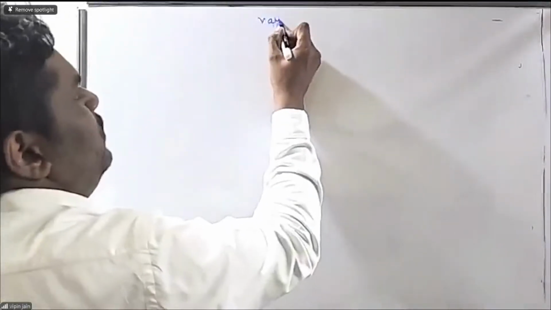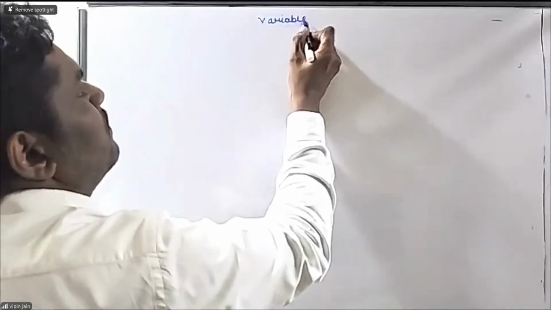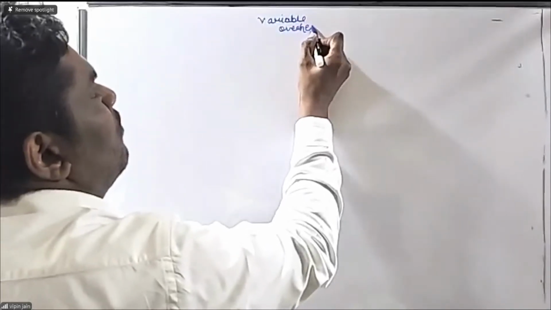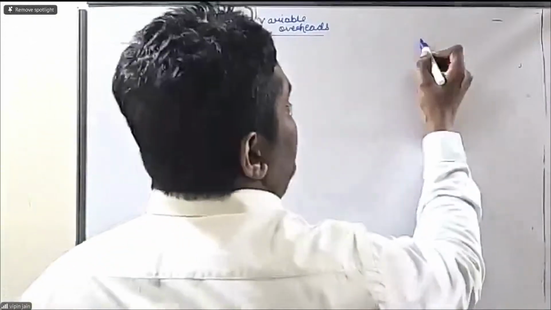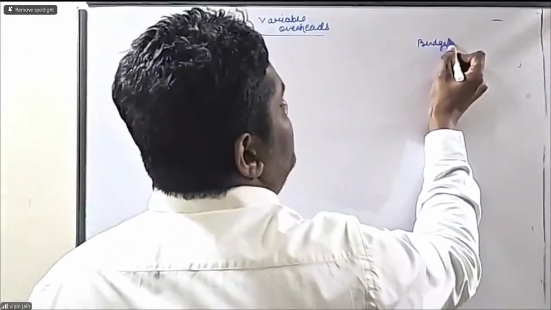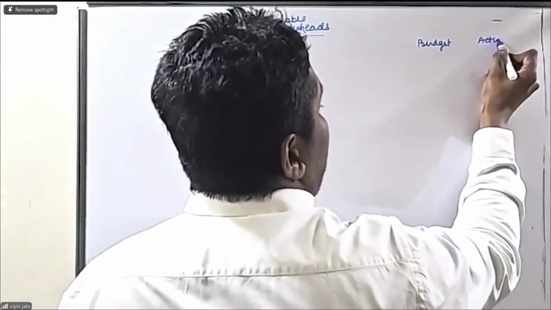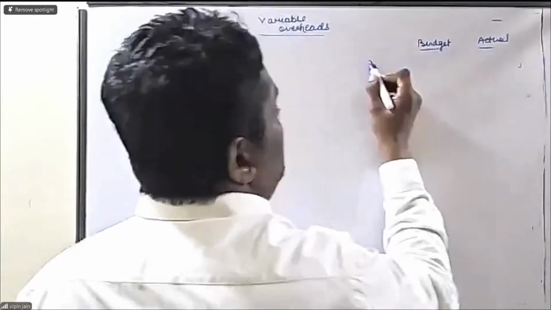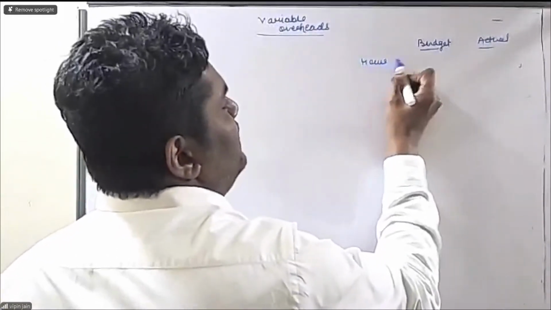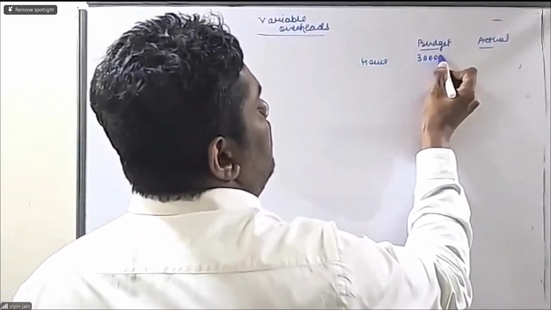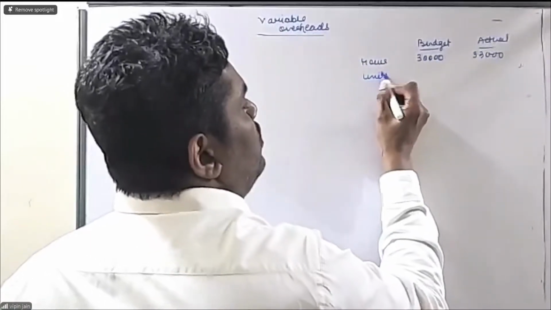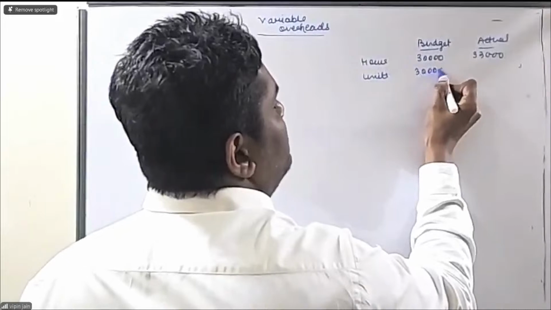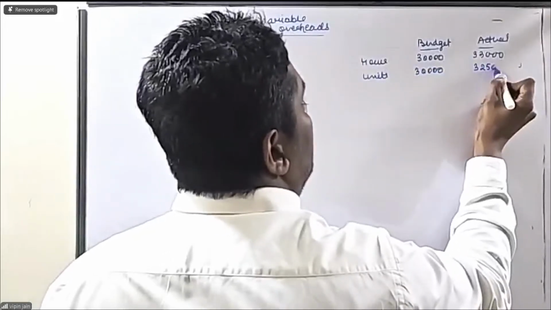Now let's start with the last part of the chapter, that is variable overhead. The very easy part, wherein again you have to arrange the question in this way: budget and actual. Let's say hours are 30,000 and 33,000. Units are 30,000 and 32,500.